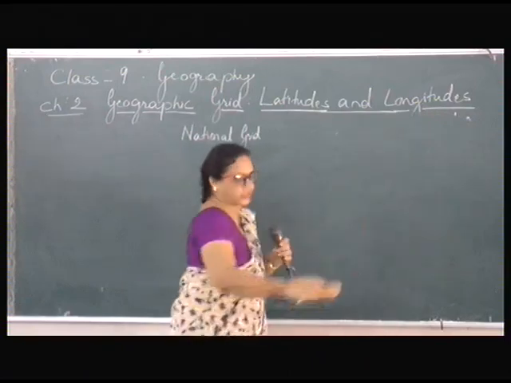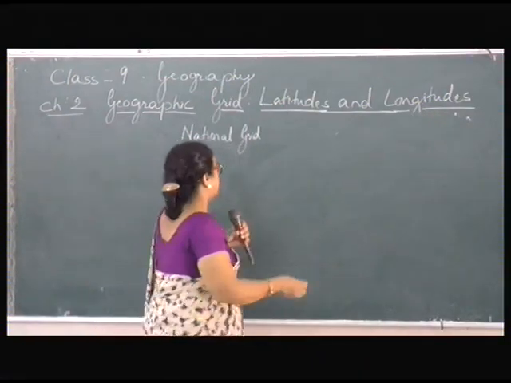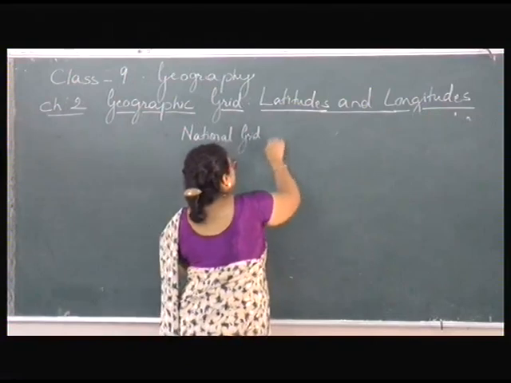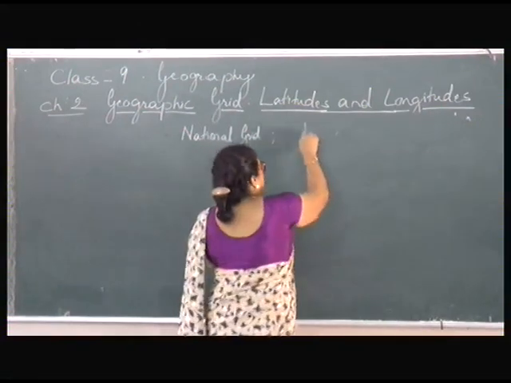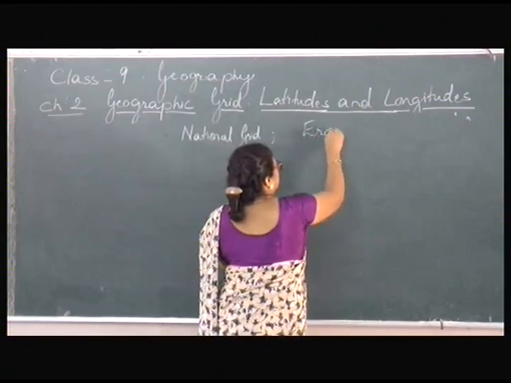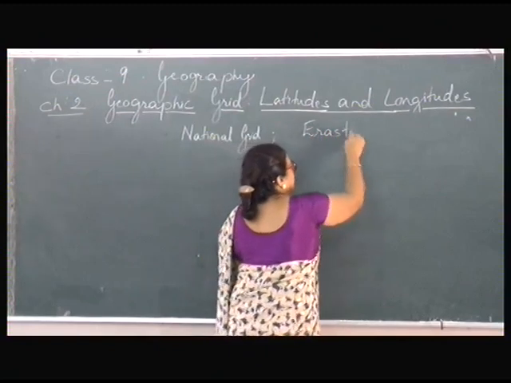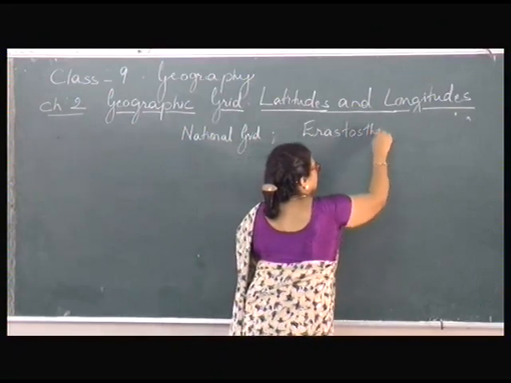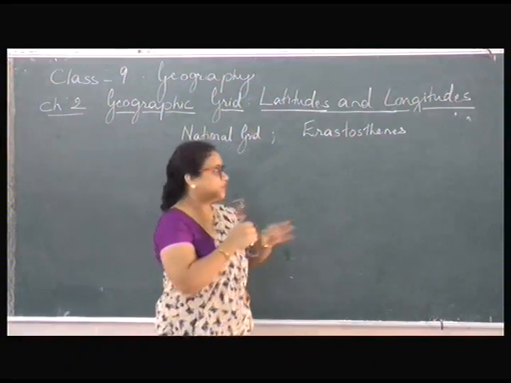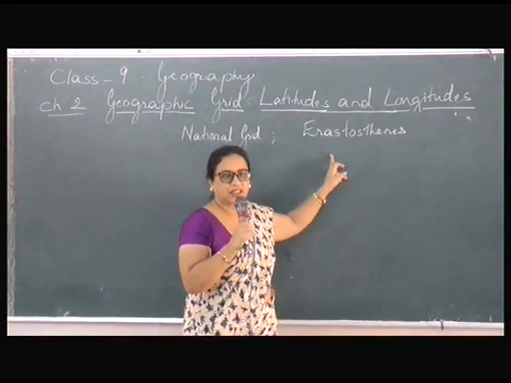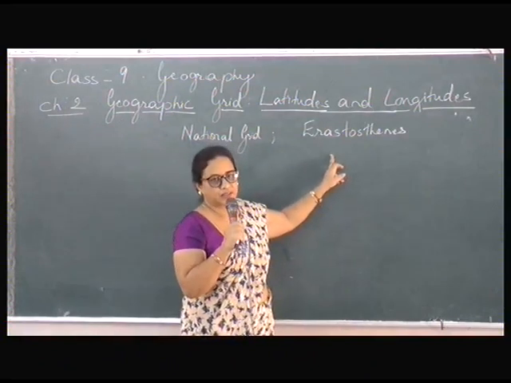And the first person who thought about these latitudes and longitudes was again the same Greek philosopher whose name I have told you earlier, Eratosthenes, a Greek philosopher. Remember, I told you he was the first person to calculate the circumference of the earth.